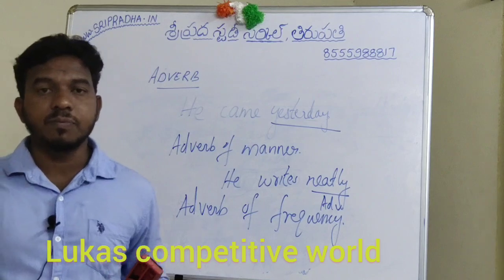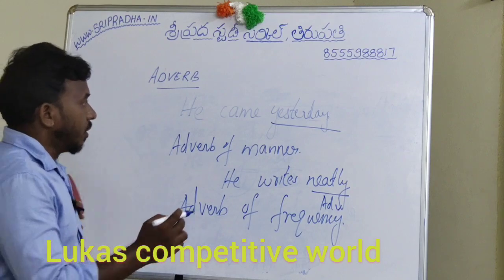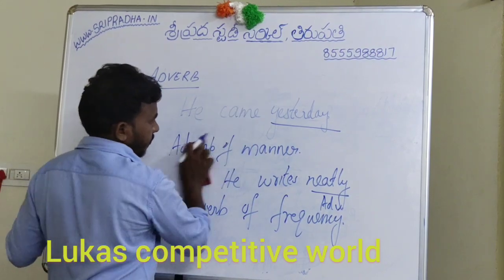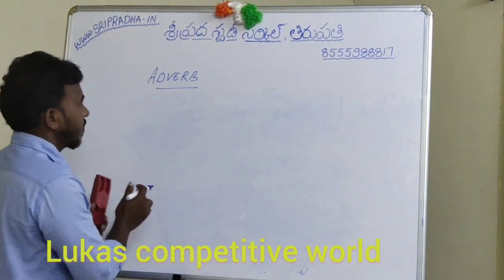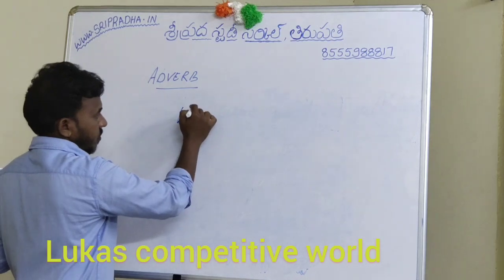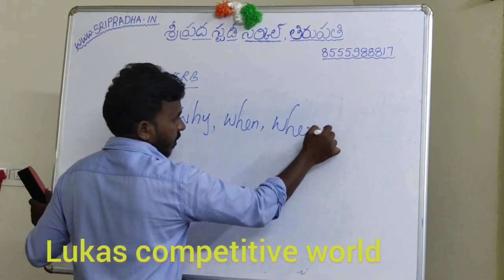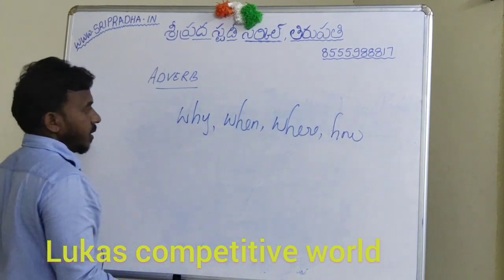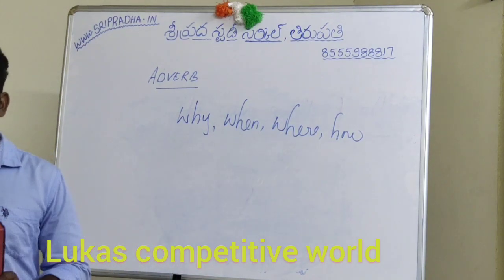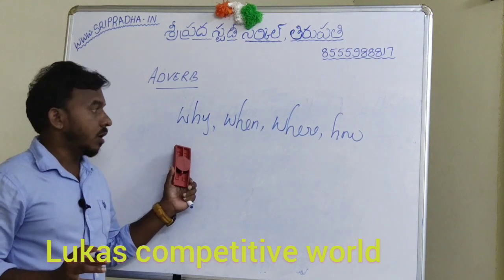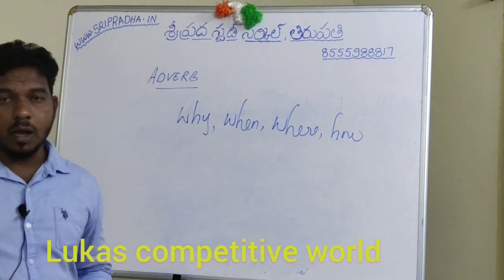Next, one more kind of adverb we have is nothing but interrogative adverbs. The interrogative words why, when, where, how. Except who, whom, whose, what, which, the remaining WH words show reason, time, place, and manner.